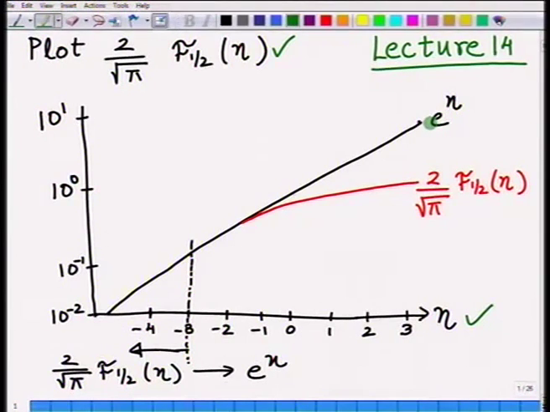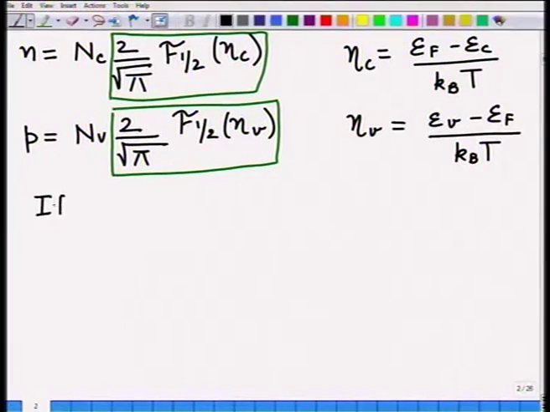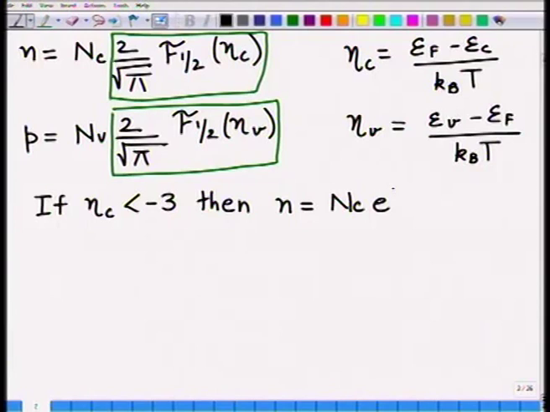Then in that case, how would you approximate n? That means if eta_c is less than minus 3, then I can replace this integral by e to the power eta_c.